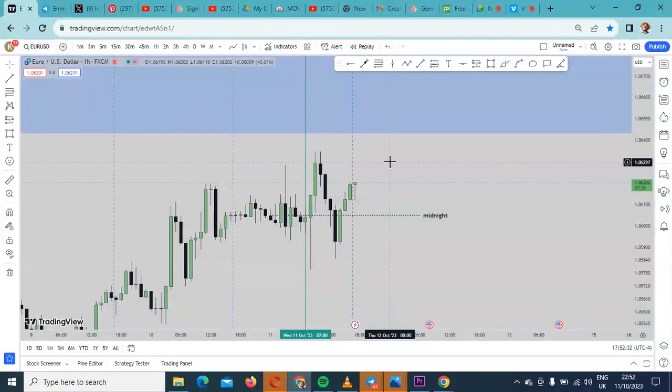That's risky. So the two rules I employ to choose my POI: number one, price must be below midnight. Number two, once 7 o'clock Eastern time is reached, we need price to mitigate a fresh point of interest. Any that existed before, you can see that price already ran this high.